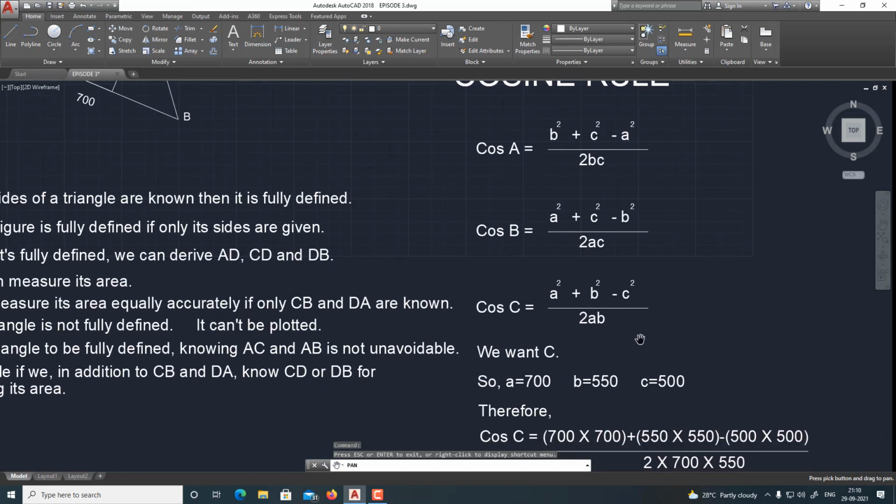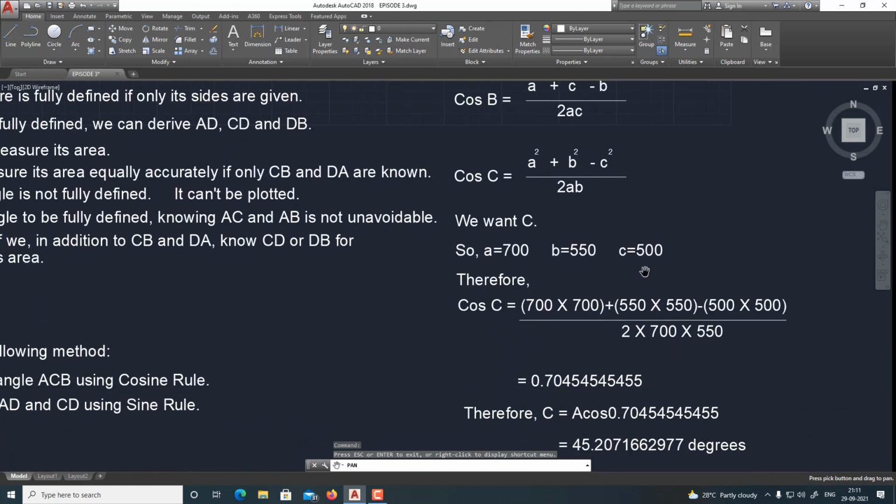If we want to calculate C, then a is equal to 700, b is equal to 550, c is equal to 500. Therefore, cos C is equal to a squared plus b squared minus c squared by 2ab.